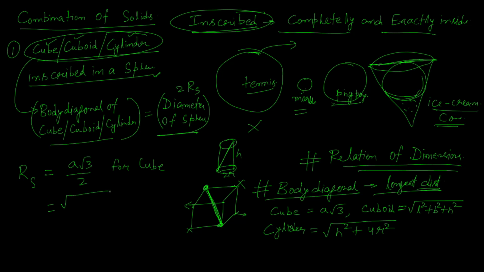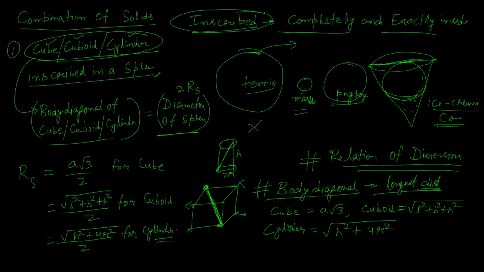It is equal to root of L square plus B square plus H square by 2 for cuboid. Okay. And it is equal to root of H square plus 4R square by 2 for cylinder. Right. So this is the situation.